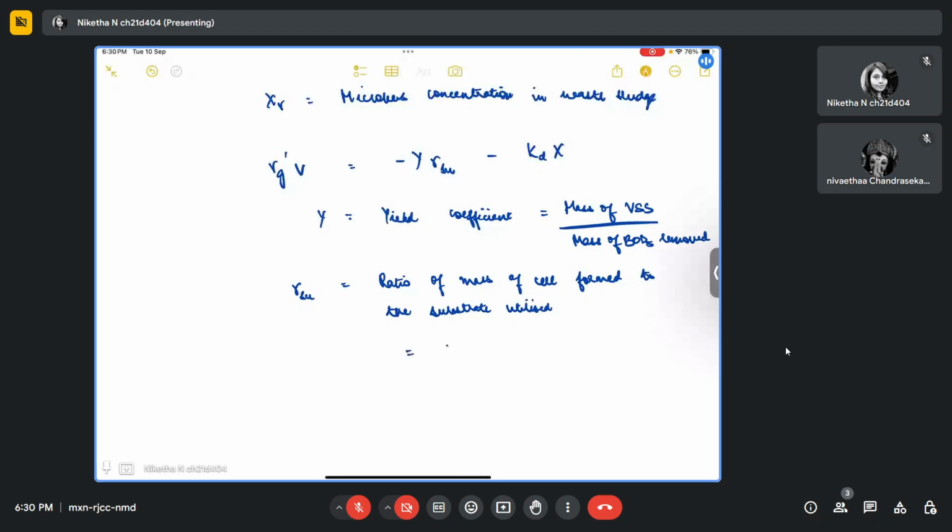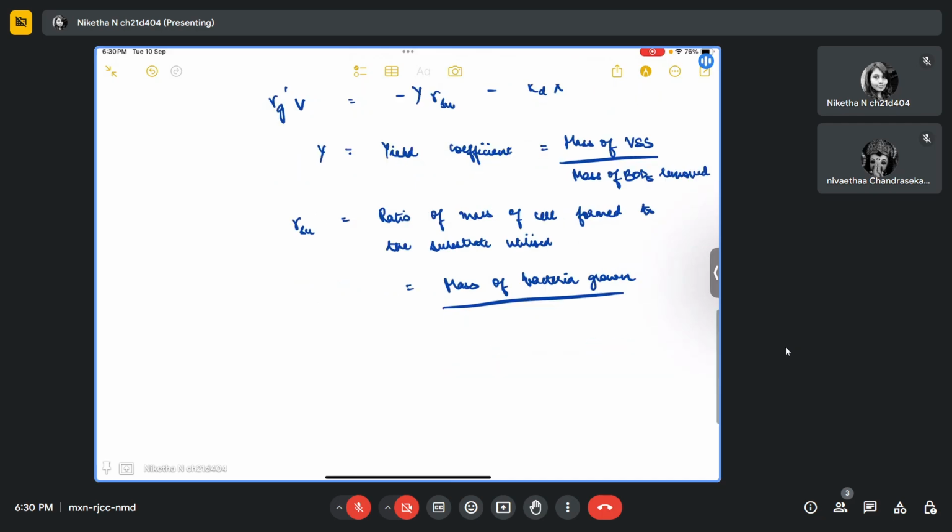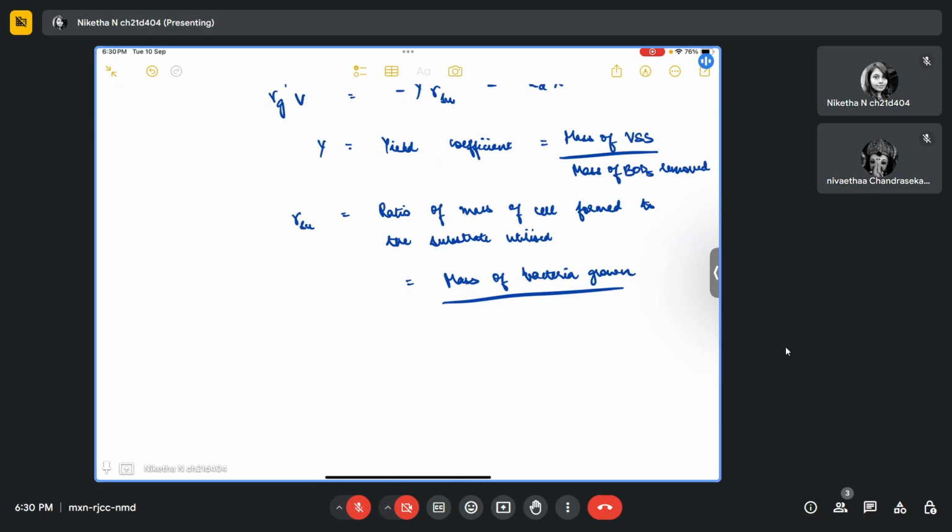So this is basically how much bacterial mass has grown, say maybe 1 gram or 2 grams, divided by how much of organics it has used up to achieve that growth.